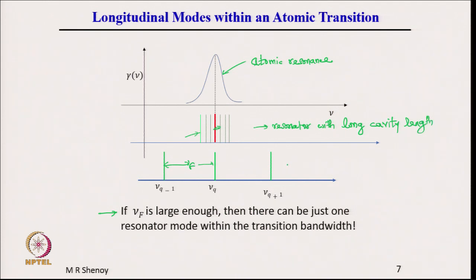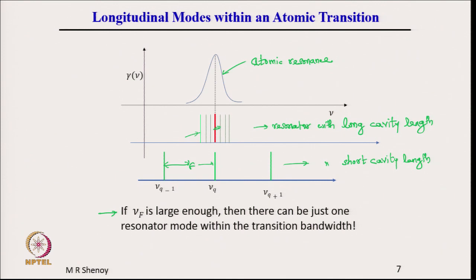Just as an example, this is a resonator with short cavity length, when L is small. This is really true in the case of semiconductor lasers, where the cavity length is typically 100 to 500 micrometer, short cavity length.